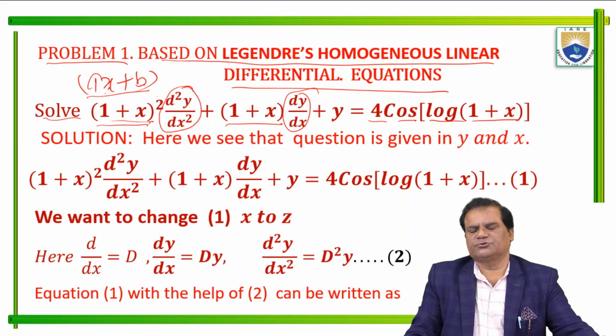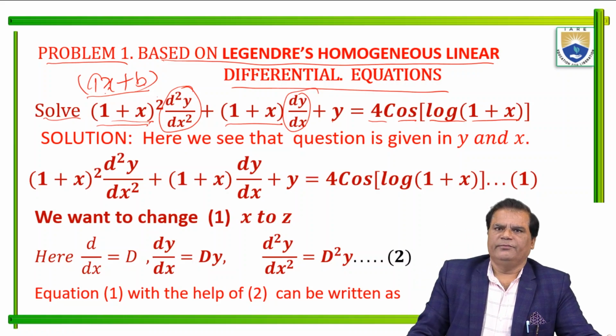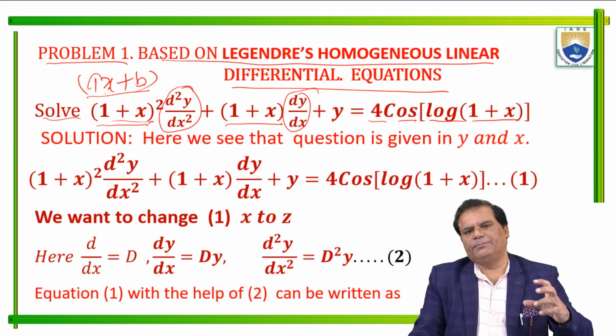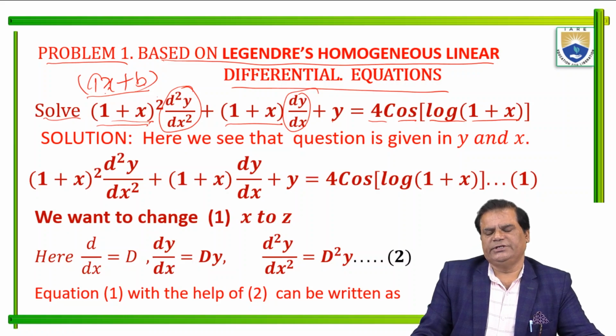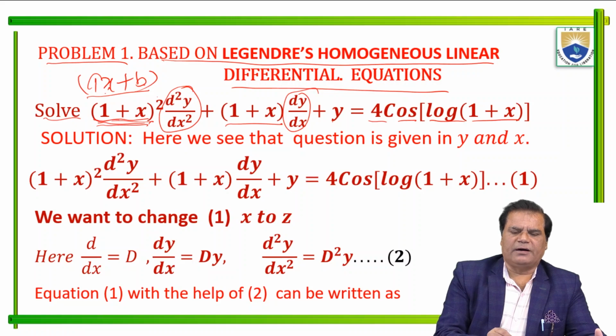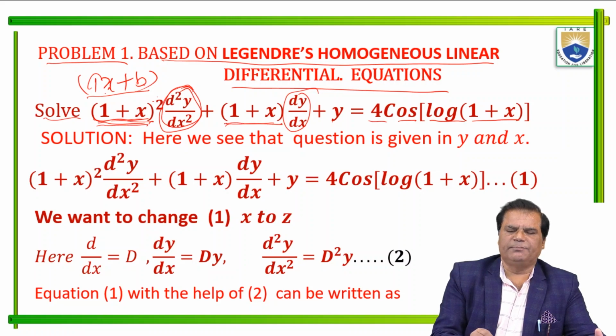And we want to solve this question with the help of the method of Legendre homogeneous linear equation. So first of all, this question is a Legendre homogeneous linear equation. How can we say that? Because this is the property of Legendre homogeneous equation. What is the property? Here is a linear equation, the power of the linear equation is 2, multiplied with the second order derivative. Here is the linear equation 1 plus x, the power of this is 1, multiplied with the first order derivative.